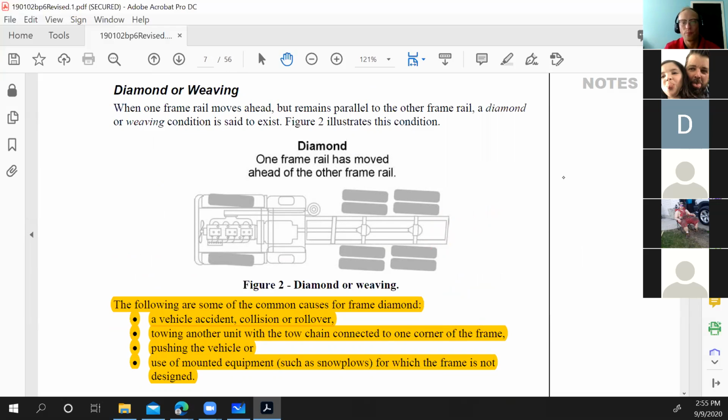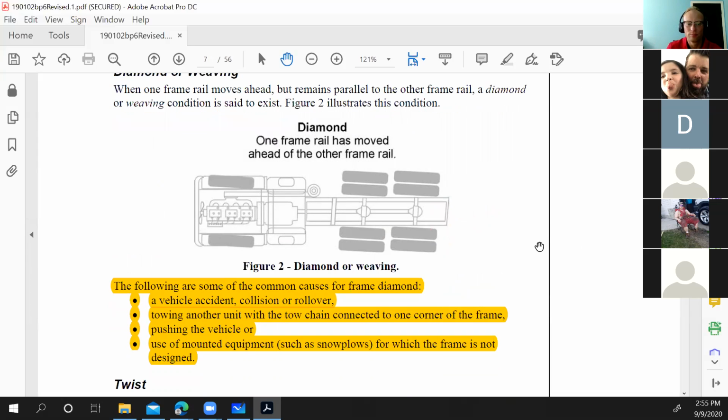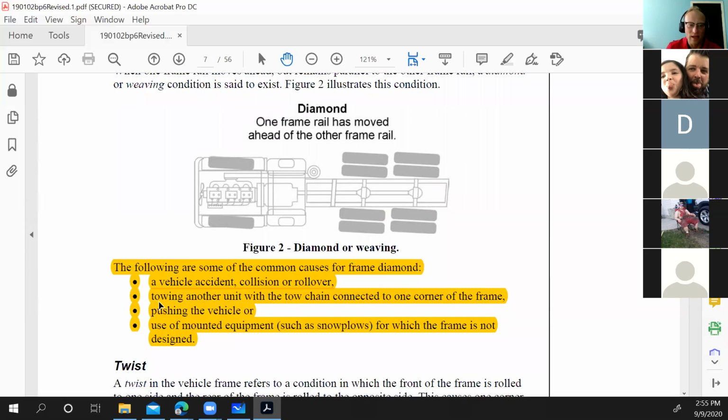Could that be from getting towed out of the mud by one frame rail? Hey, look at that. Towing another unit with a tow chain connected to one corner of the frame could exactly be what caused that. Absolutely. So most of these, the accident, collision, or rollover, or incorrect mounted equipment, are the same as the last one.